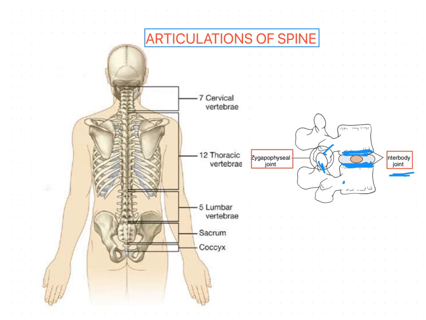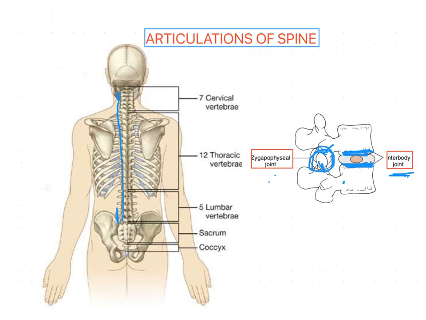The joints between these facets are called zygapophyseal joints, and these are synovial joints. We can see such interbody joints and zygapophyseal joints in the vertebral column from the C2-C3 level to the L5-S1 level, throughout the mobile segments.